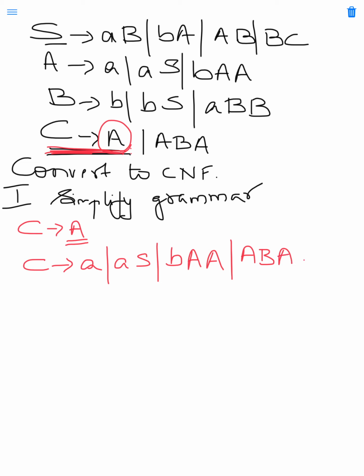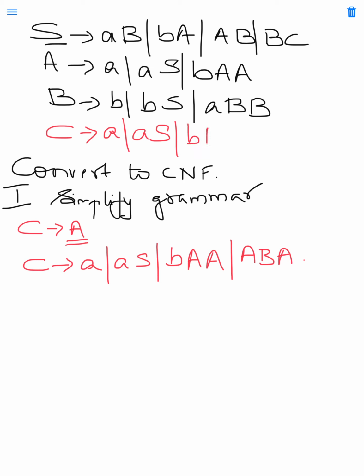So the grammar that you have to convert into CNF will be the following. After removing the unit productions from the grammar, you will be having C production as A, AS, B, A, then A, B. Okay, so this is the grammar to be considered to convert it into CNF.